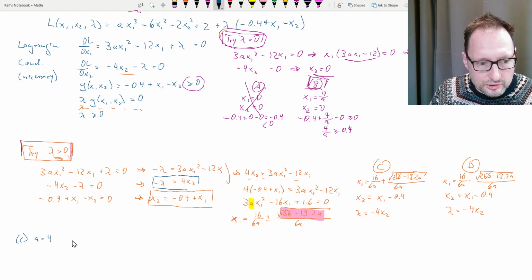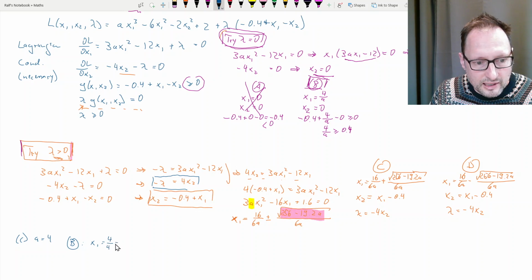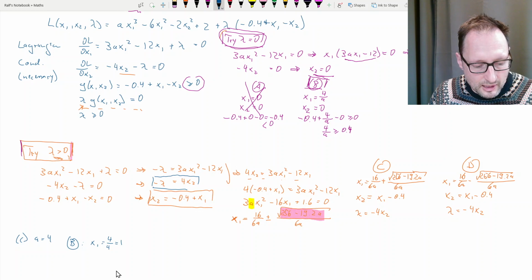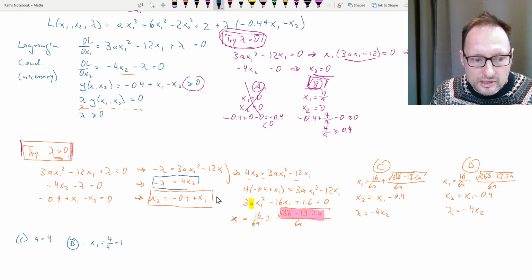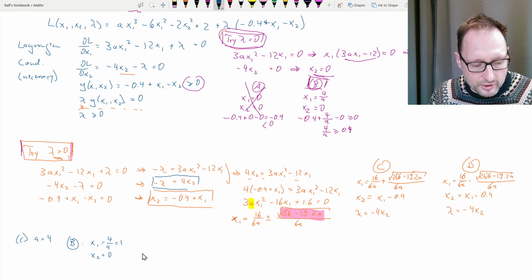Let's look at point B. At point B, we know that x1 is equal to 4 over A, so 4 over 4 in our case. So x1 is going to be 1. And x2 is always 0. So here our point is 1, 0.